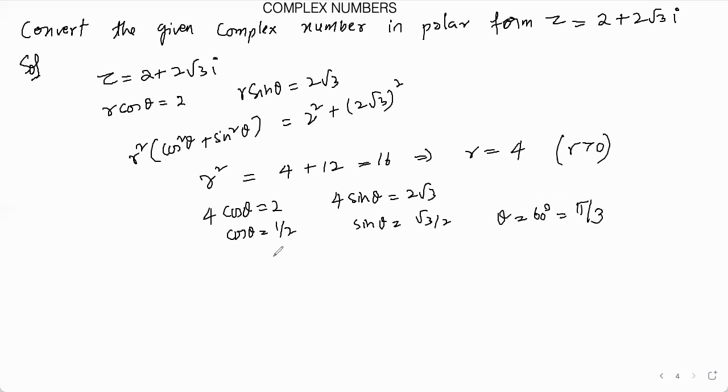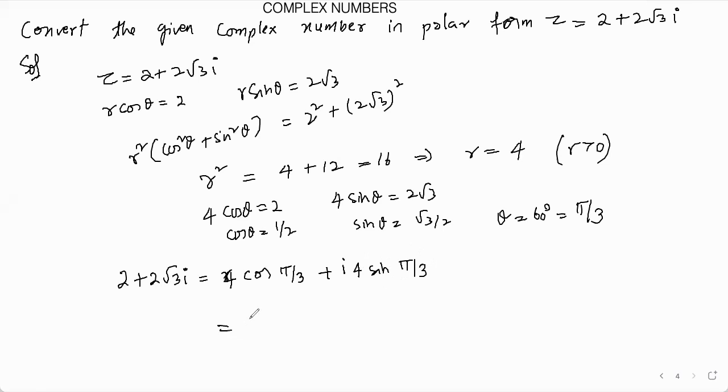Now let us take 2 plus 2 root 3i, which is r, which is 4, right? Let us put that cos pi by 3 plus i into 4 sin pi by 3, right?